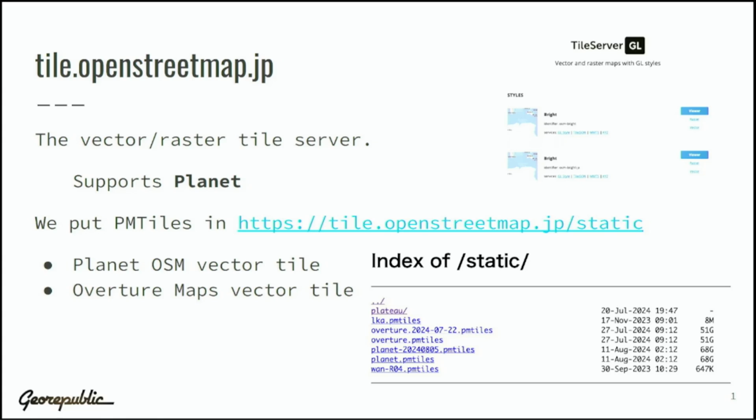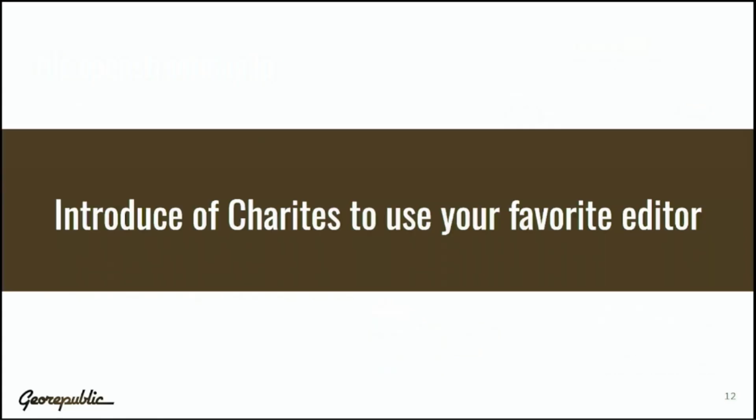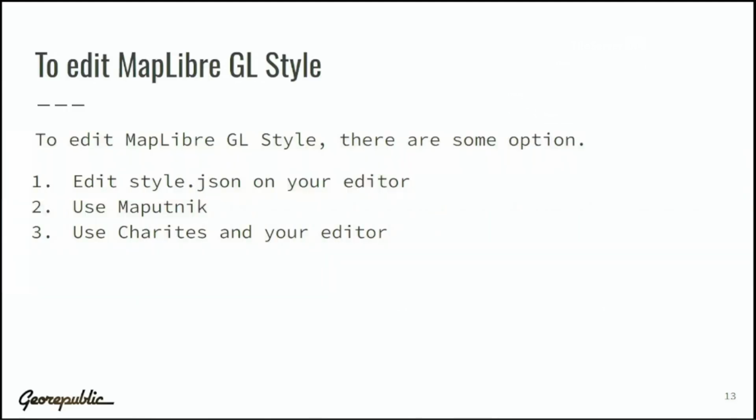Okay, so let's move your focus to today's main topic: an introduction of Charites to use your favorite editor. To edit MapLibre GL styles, there are three options: edit the style JSON on your editor, or use Maputnik, or use Charites on your editor.